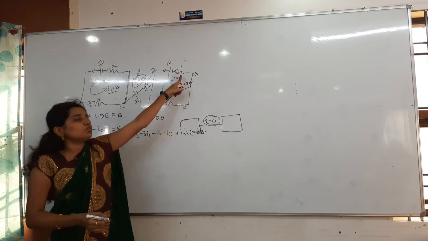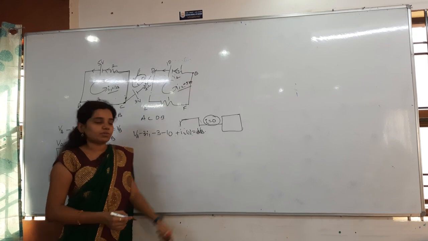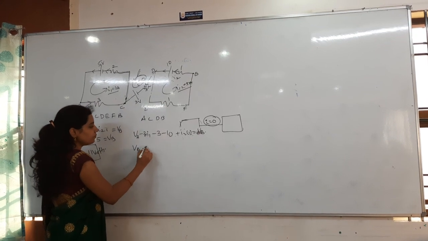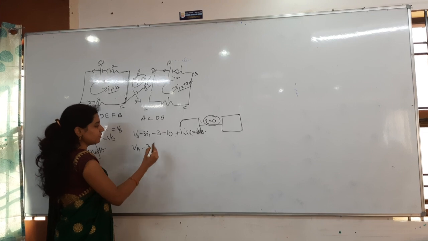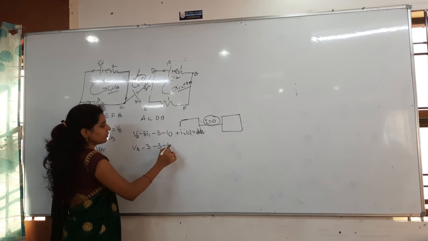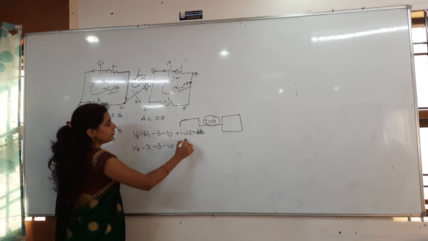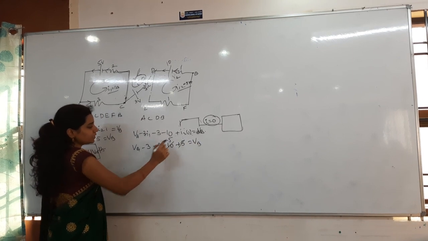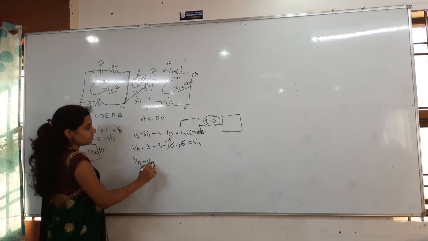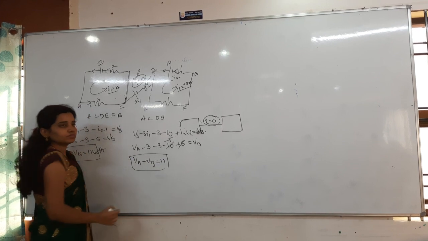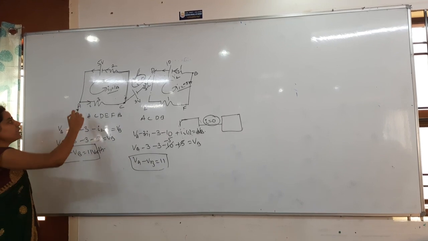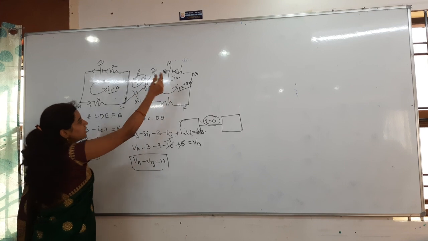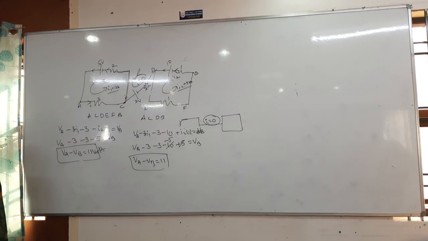Plus I2 into 1 ohm, that is equals to VB. Now VA minus 3I1 is how much? 1 only of course. Then minus 3 minus 10 plus I2 is how much here? 5. That is equals to VB. How much you will get again? Minus 5. Again VA minus VB is equals to how much? 11. Same answer. Otherwise you can even follow this route also. Any route that might be, always the energy will be conserved. You will get the same potential difference only. Clear?